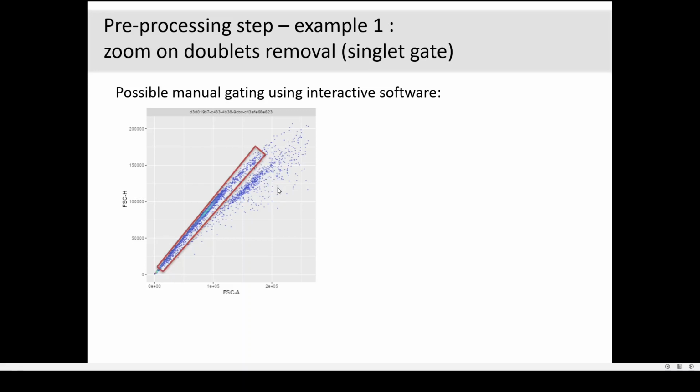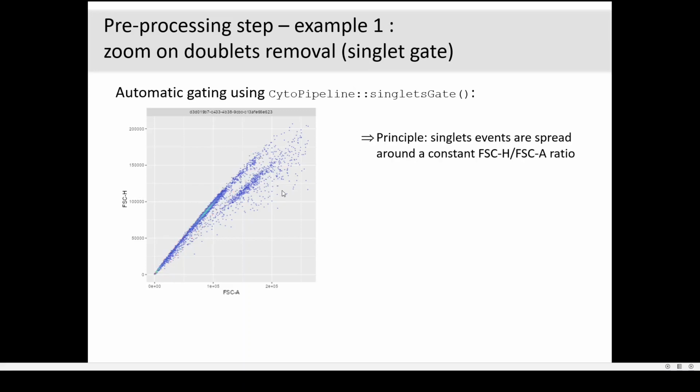as an example. So if we want to automate this process using code, then we need to use a package, an R package, and a method of this package. Here I have selected singlet gate from CytoPipeline, so that's my own implementation of the algorithm. And the principle is very similar.